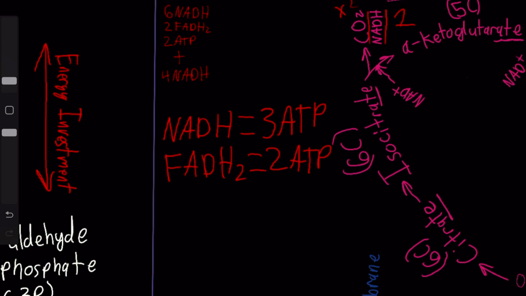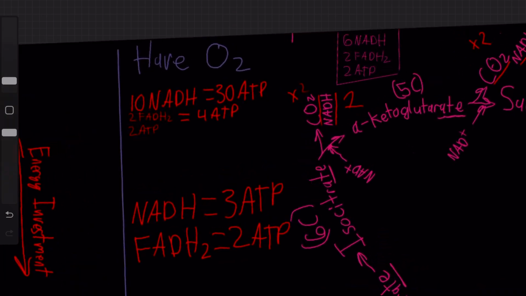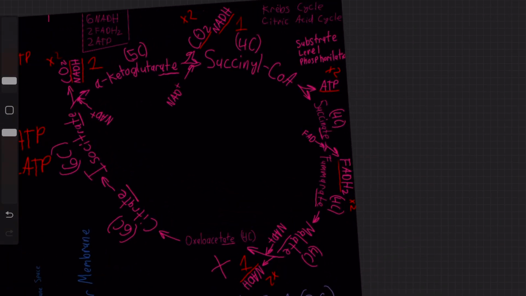So if we actually draw this out, I'm going to add 4 NADHs over here and make this 10 NADH. So that will be equal to 30 ATP. This will be equal to 4 ATP. We have 2 ATP from this cycle right here.